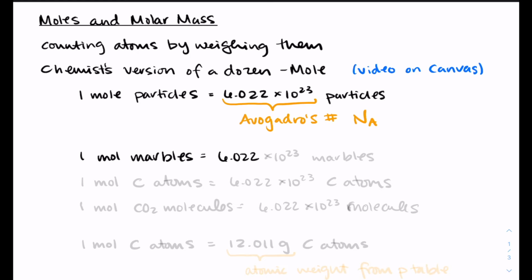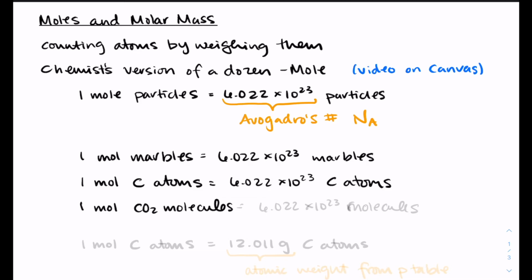So let's apply this to a bunch of different things. If you had 1 mole of marbles, you would have 6.022 times 10 to the 23rd marbles. That's a lot of marbles. If you had 1 mole of carbon atoms, you would have 6.022 times 10 to the 23rd carbon atoms.